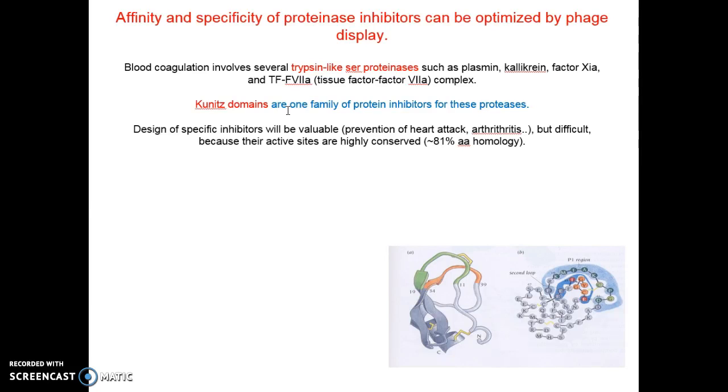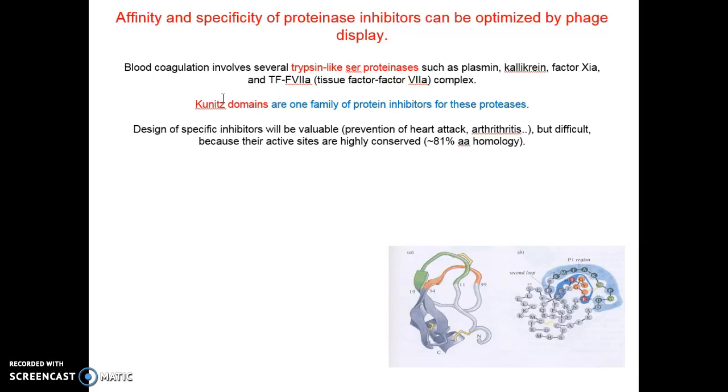While there would be an important clinical benefit to engineering specific protease inhibitors, the active sites of these enzymes are highly conserved, showing 81% identity, making the design of specific inhibitors difficult.